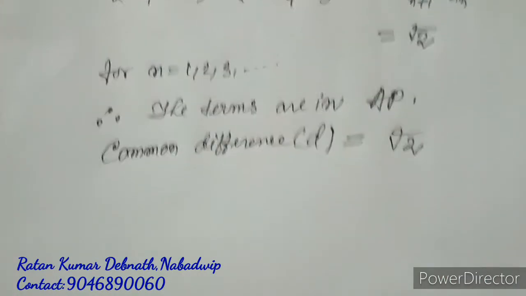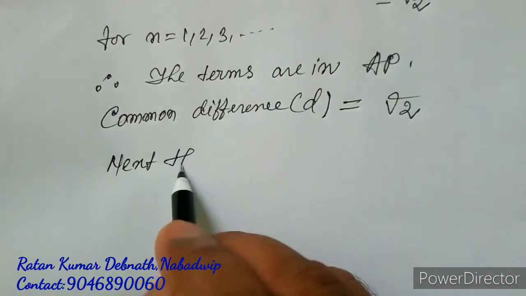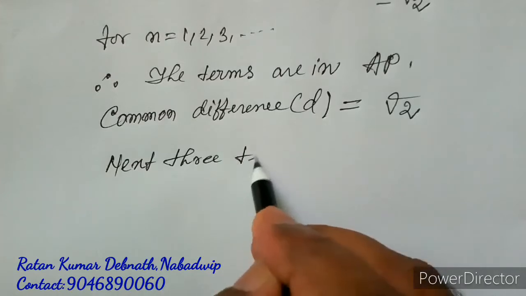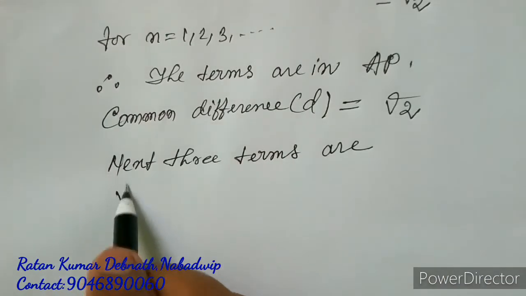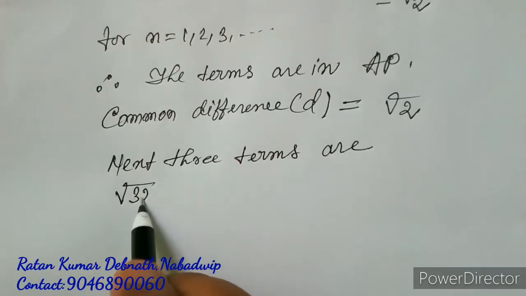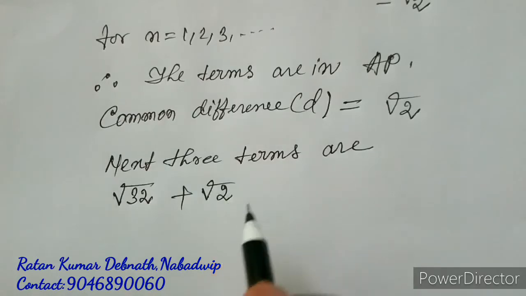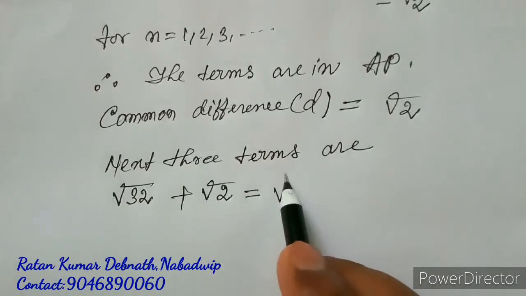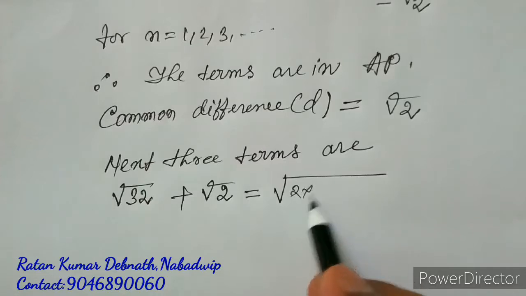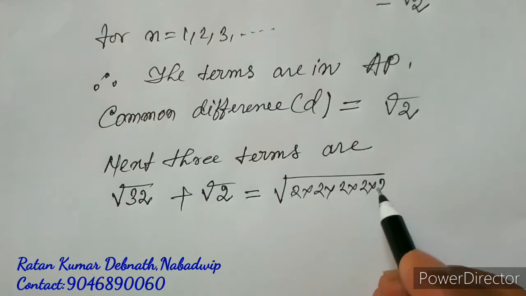Next three terms are root 32, that is the fourth term, plus common difference. Root 32 means 2 into 2 into 2 into 2 into 2.